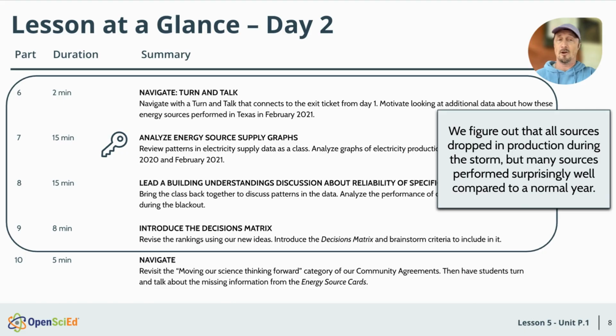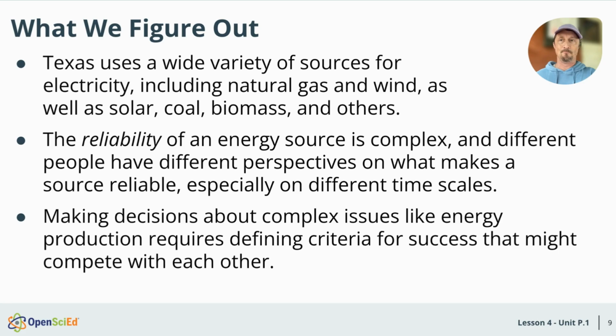And we figure out that all sources dropped in production, but some sources actually performed surprisingly well compared to a normal year, and some sources didn't perform so well. We set up all these different factors in a decisions matrix so that we can rank in a more sophisticated way which sources we want to use in the future and make more informed decisions about this complex issue.